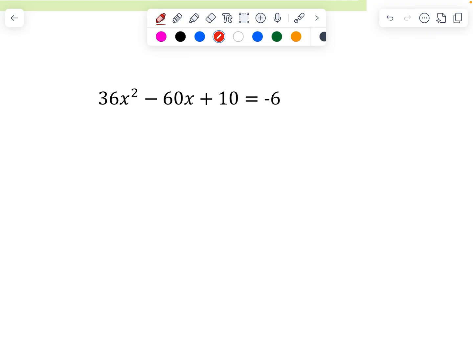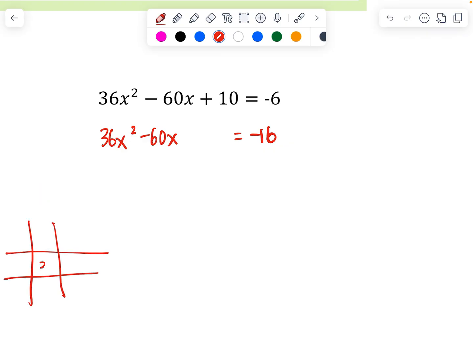All right, so here I'm going to take 36x squared minus 60x, move the 10 to the other side. If you're doing the table method, you have 36x squared. So this is 6x, this is 6x. This has to be negative 30x. This is negative 30x, making this minus 5, plus 25 is what you're adding to both sides.